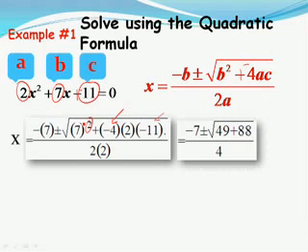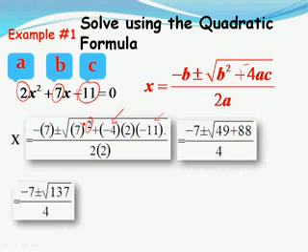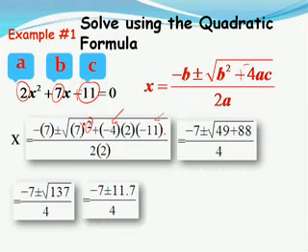So under the square root, I have 49 plus 88. The last step in simplifying under the square root expression is adding up 49 and 88, which is 137. My next step is taking the square root of 137. And if you punch it on your calculator, 137 is not a perfect square. It means that we'll be having decimals.